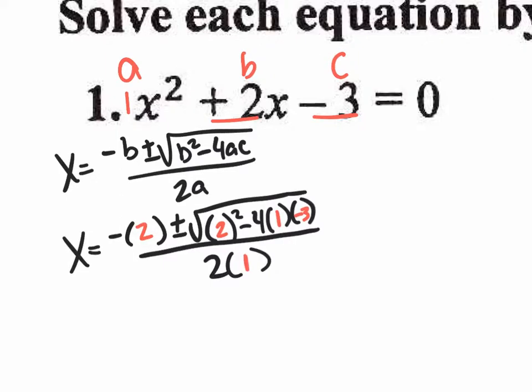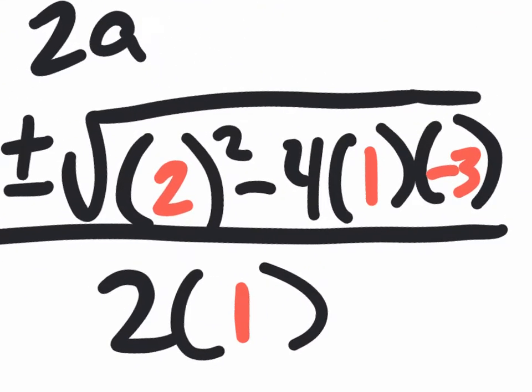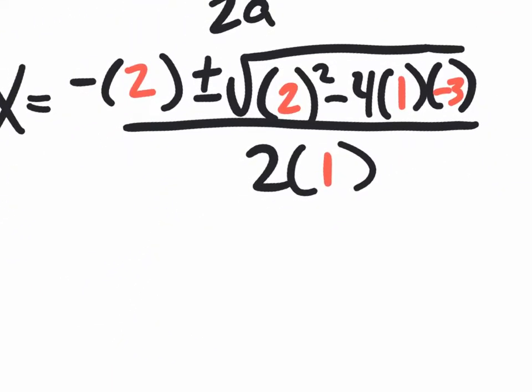Now we always start with the discriminant, the 2 squared minus 4 times 1 times negative 3. Let me do 2 squared first. What's 2 squared? 2 squared is 4. And how about negative 4 times 1? Negative 4. And how about negative 4 times negative 3? Positive 12, right?